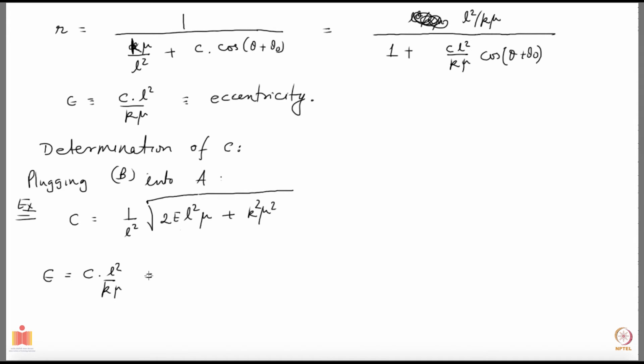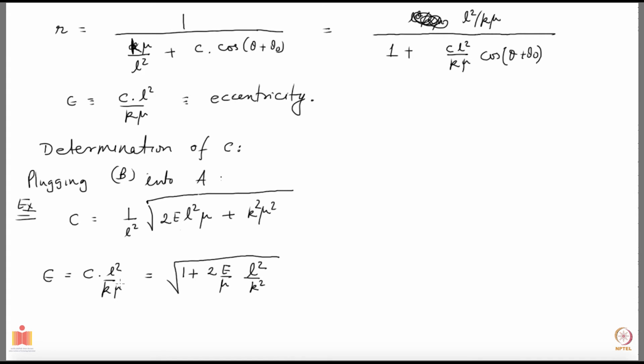Yes, you can write this as 1 plus 2 E over mu, L square over K square. That is what it will turn out to be.